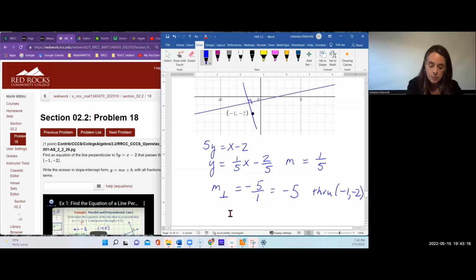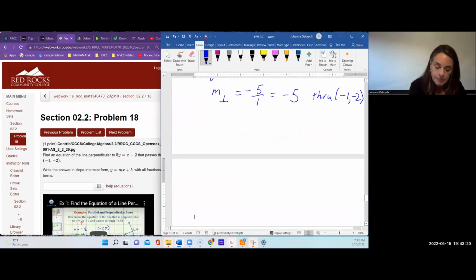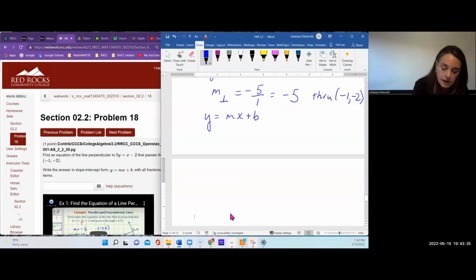Then I use slope-intercept form to find b. I know that y equals mx plus b, and I know that so far I have y equal -5x plus b. I know -1, -2 is on the line I want, so I replace the y with -2 and the x with -1, and then I solve for b.